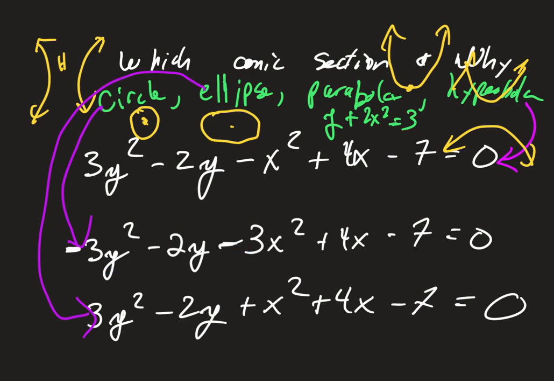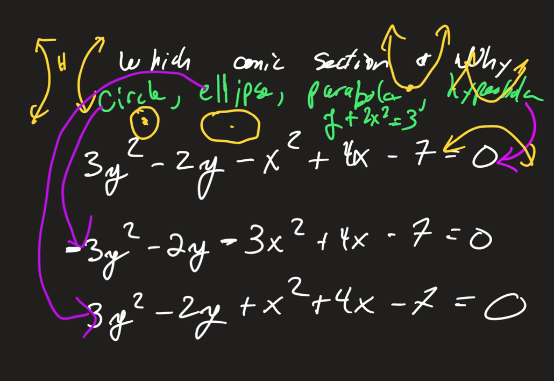If I had the same value, but one of them was positive, so if I change this one here to positive, that would make this a hyperbola because they're not the same signs. One's positive, one's negative. But I'm going to get it back to what it was before, which was a circle, and we'll make them both negative. So both x squared and y squared have the exact same coefficient. That makes it a circle. Both positive or both negative.